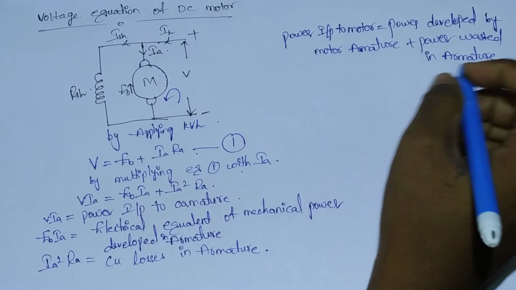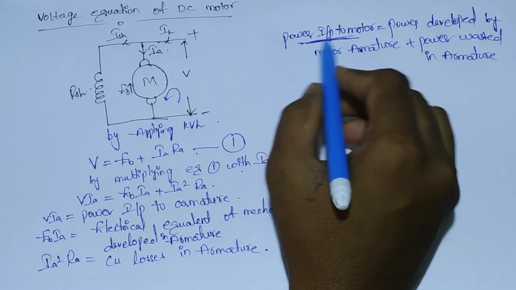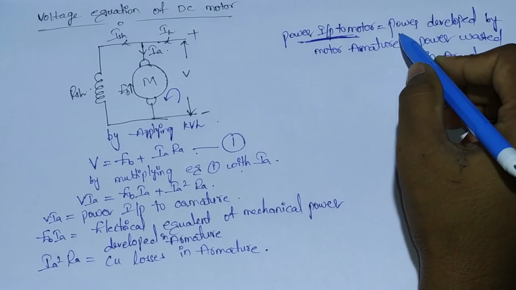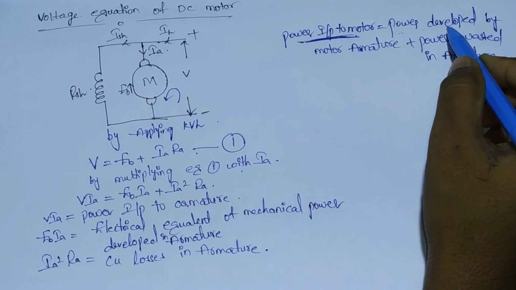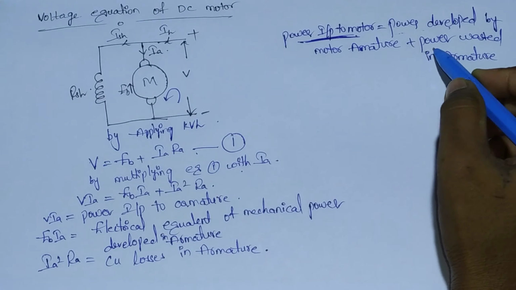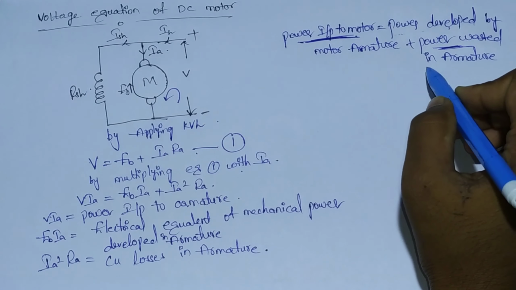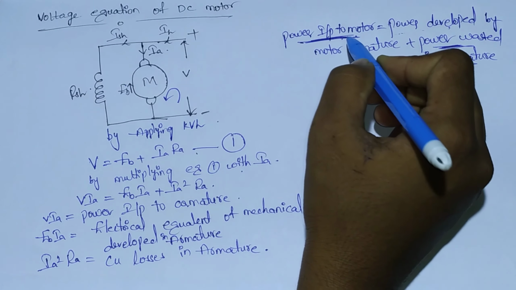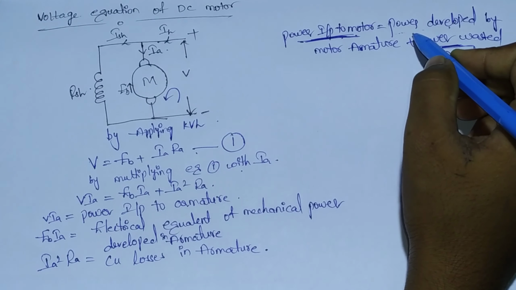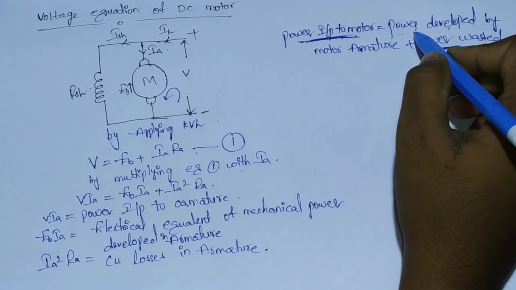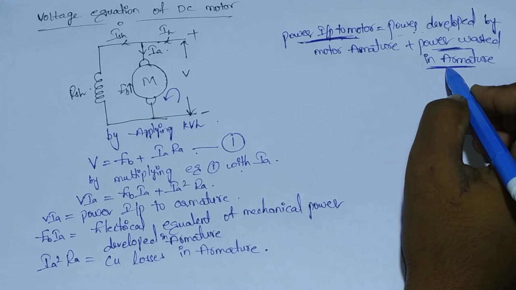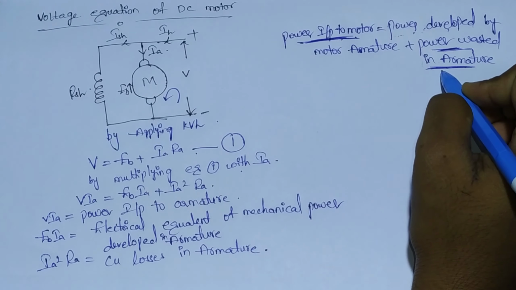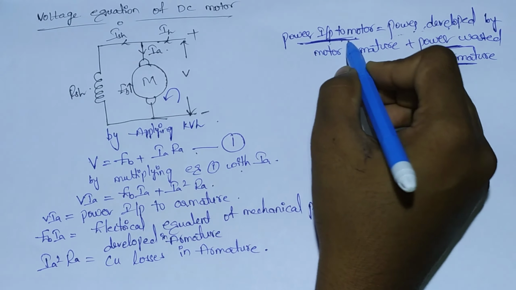Whatever power is fed to the motor, somewhat of it is used to develop mechanical power in the DC motor, and somewhat is wasted as losses in the armature. By this combination of power developed and wasted power, we get the input fed to the motor.